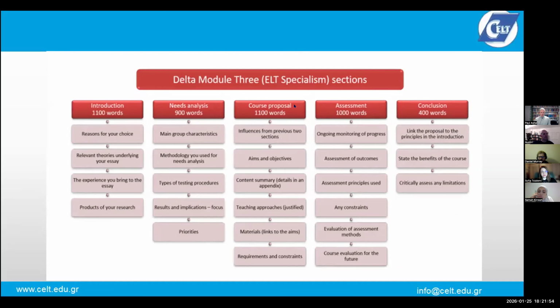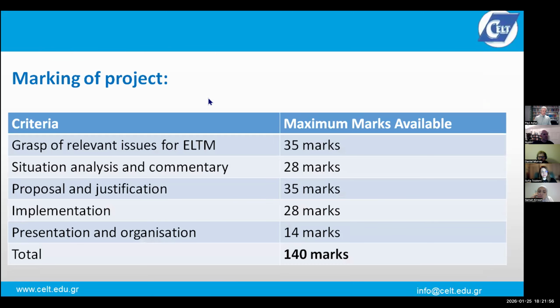Okay, so we can see the breakdown of the marking. Cambridge are very, very strict on certainly the presentation or organization, but we'll help you with that. So you've got the general grasp of the specific issues related to that specific specialism. Then the situation analysis and the analysis of the data you've collected, which is the springboard into the proposal and the reasoning behind it.